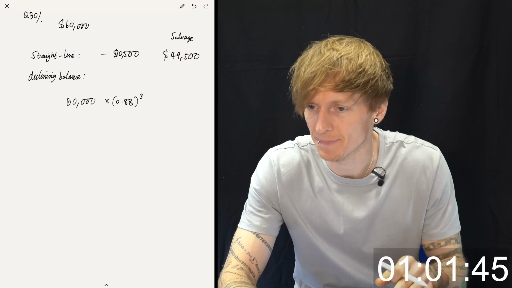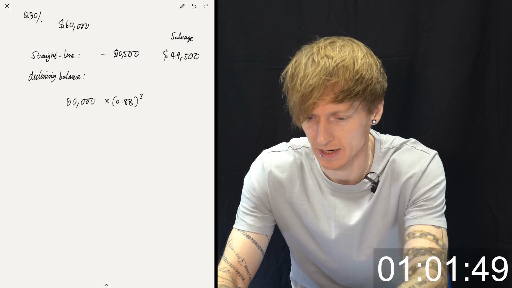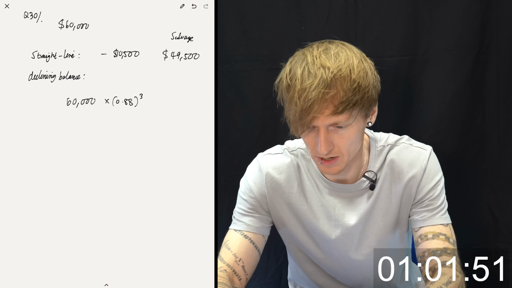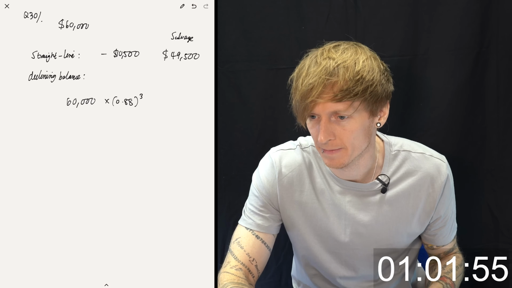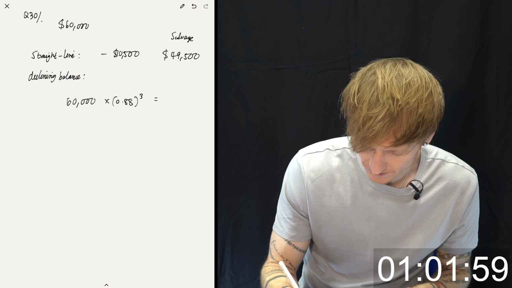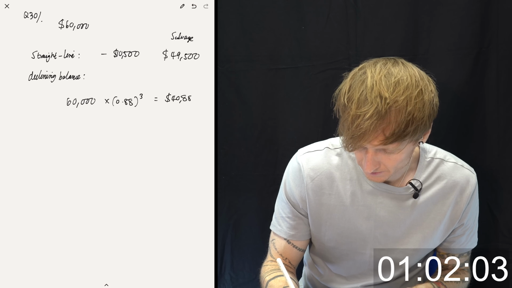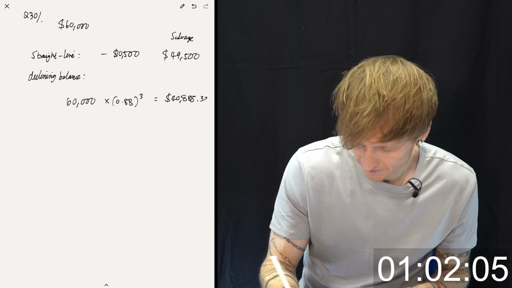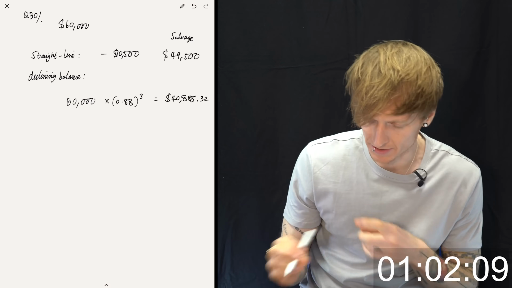So let's try that. Calculator again. So 60,000 times 0.88 cubed. So that's 40,888. So it would be lower on the declining balance.